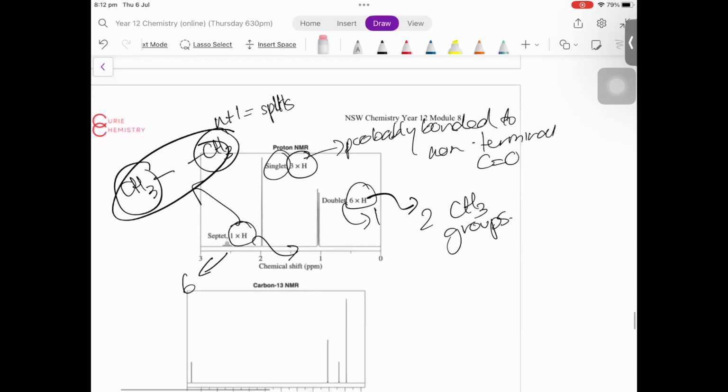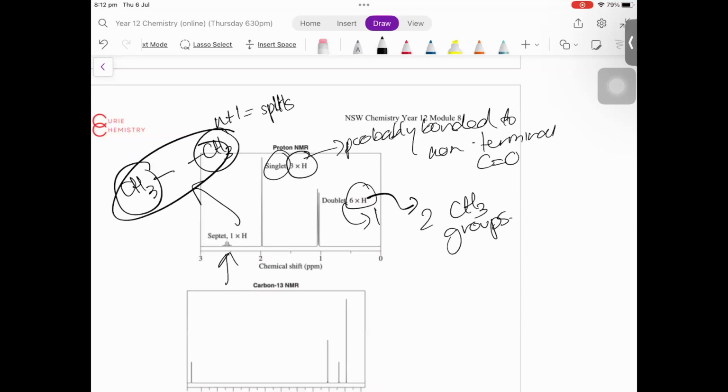So first things first, you have a really downfield single hydrogen. You have a single hydrogen that's really downfield, okay? And it's a septet, which means it has 6 neighboring hydrogens.